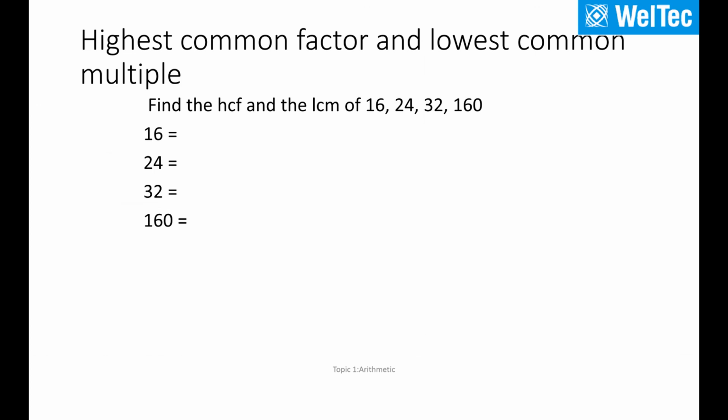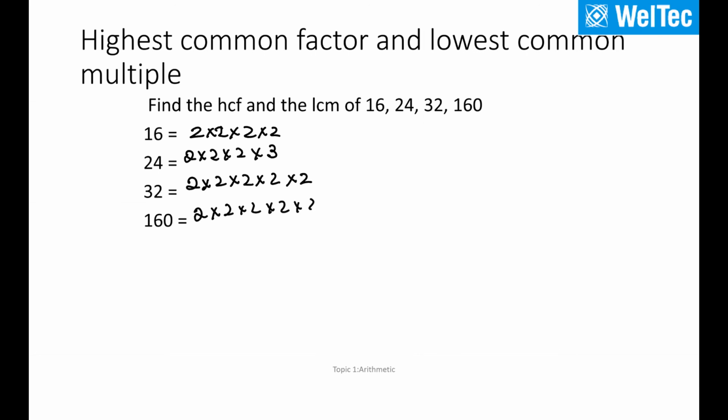Before we can do anything, we need to prime factorize these numbers. So 16 is 2 times 2 times 2 times 2. 24 is 2 times 2 times 2 times 3. 32 is 2 times 2 times 2 times 2 times 2. And 160, 2 times 2 times 2 times 2 times 2 times 5.